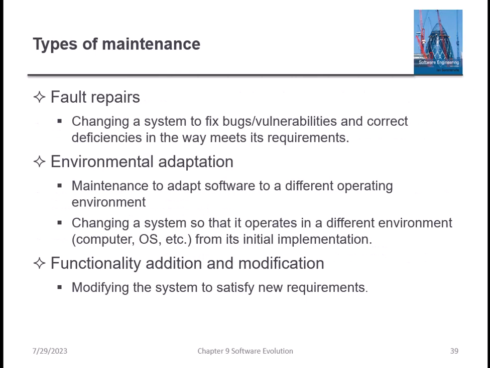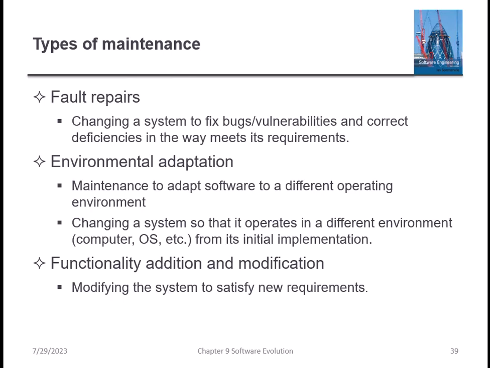So, types of maintenance. There are three categories of maintenance. Fault repairs: changing the system to fix bugs, errors, faults, defects, any vulnerability, and correct deficiency in the way it meets its requirements.